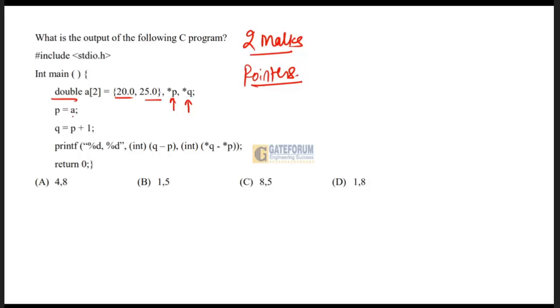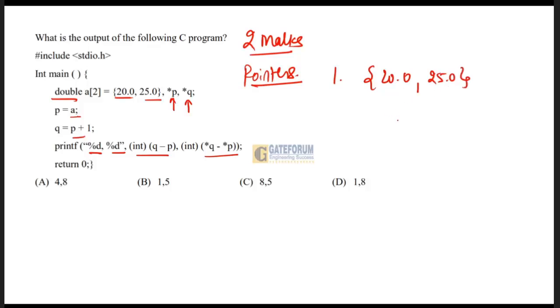And further we are assigning the value of A to P and P plus 1 to Q. Then print %d for Q minus P and for *Q minus *P. So if you can see here, first we have two values, that is 20.0 and 25.0.